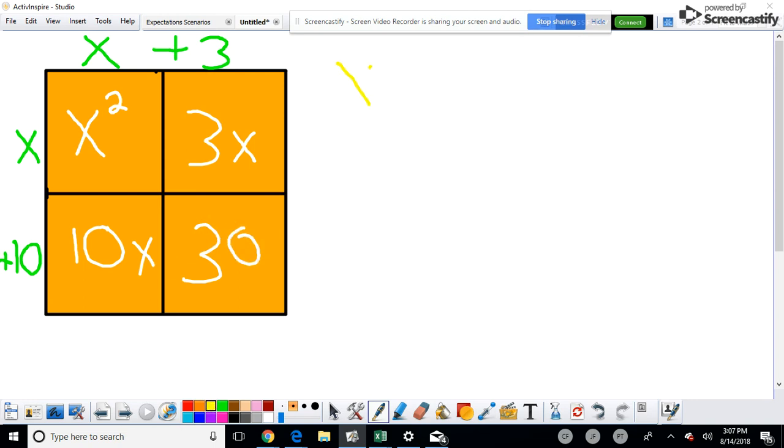We've got x squared plus, and we can add 10x and 3x because they are like terms, plus the 30. That should say 30. It looks a little weird, but that's it: x squared plus 13x plus 30.